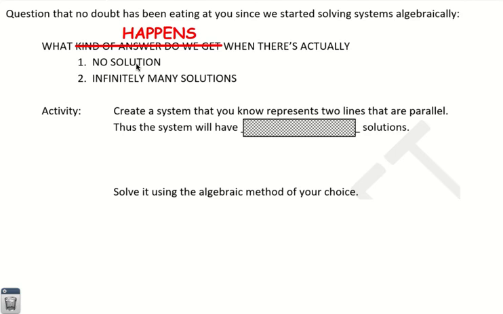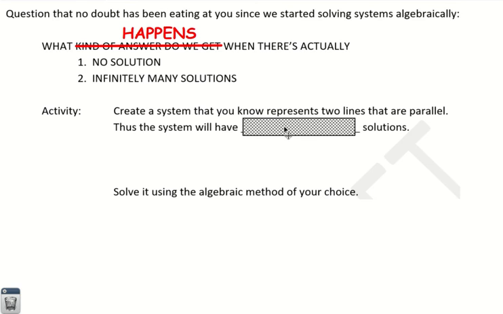But what happens if you work on a system that is one of these two scenarios and you're doing either substitution or elimination? What happens? Okay, so let's figure that out. Let's investigate how to recognize that with substitution or elimination.